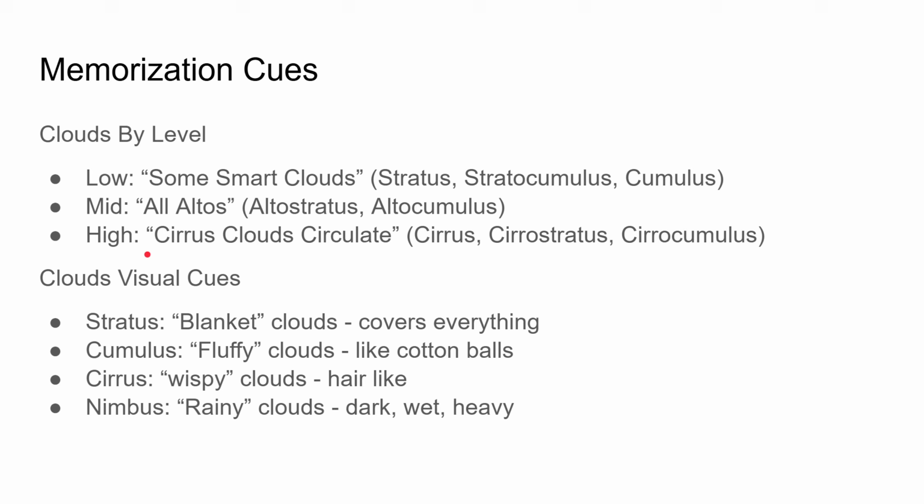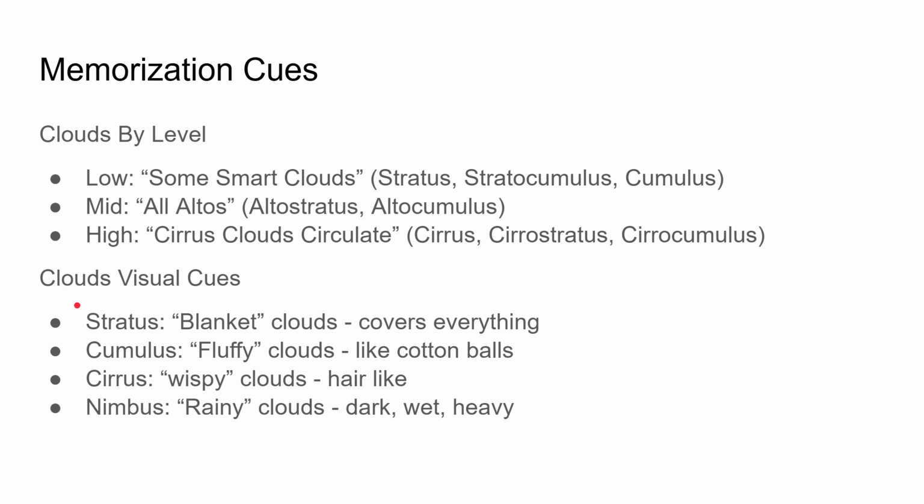And for the high levels, you can remember cirrus clouds circulate. So cirrus, cirrostratus, and cirrocumulus. And then for the nimbus ones, nimbostratus and cumulonimbus, you just kind of like remember the rain. They're just the rain clouds and stuff.